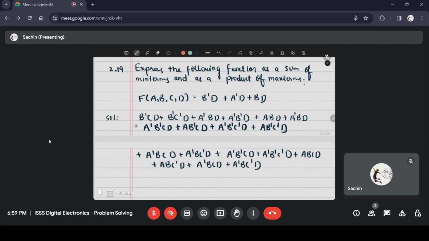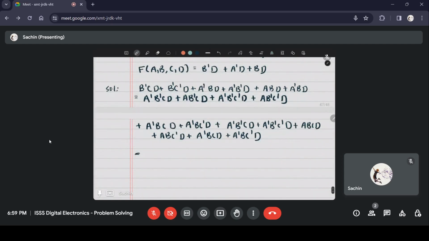and then I'll remove the repeated terms. And write the terms in order.